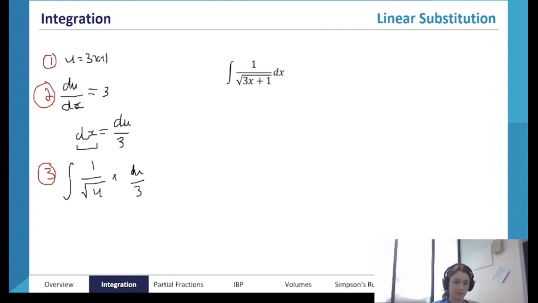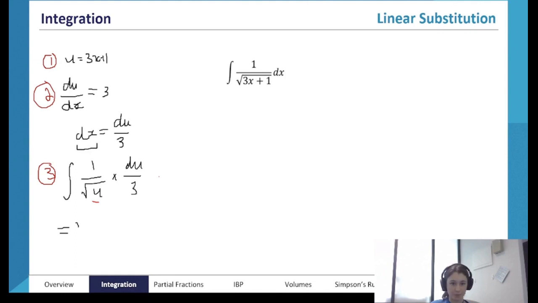Because if we had left the dx here and didn't have this du, we wouldn't be able to integrate it because we have one variable being u and one variable being x. We need to have this end part being in terms of the same variable that we're integrating with respect to. We will get into a few more examples later in the lecture where this becomes a little bit more tricky and frustrating. But for now, what we can do is integrate.